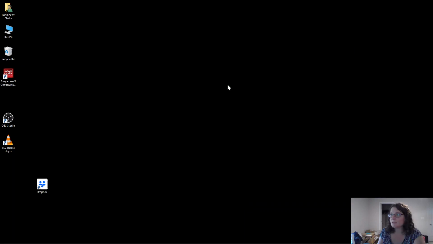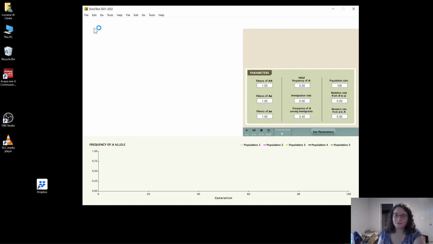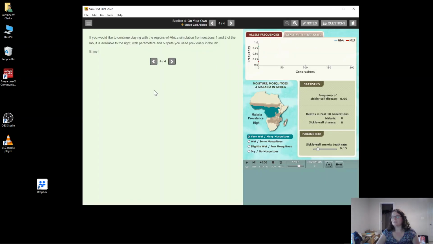You can keep playing it. It's still available, and then you have your graded questions, okay? Everyone's going to have different sets of graded questions. This helps you understand that if it was in Hardy-Weinberg equilibrium, there would be no selection and no preference for any genotype. Instead, what you're seeing is preference. And so you're going to calculate out how that works and also solve some of the problems it presents to you.